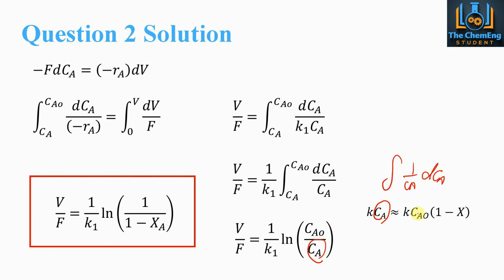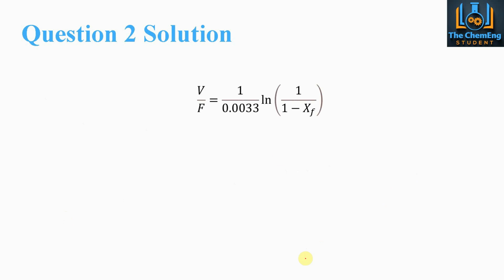So when we substitute in this for Ca and rearrange, we can cancel the Ca naughts and get 1 over 1 minus Xa, and that is the space velocity equation in terms of the conversion instead of the concentration. Now we can substitute in our values.